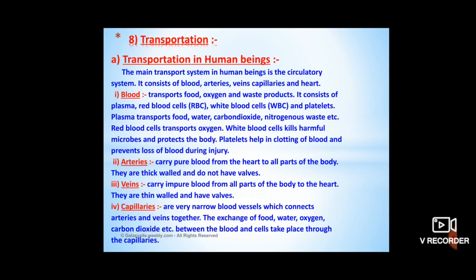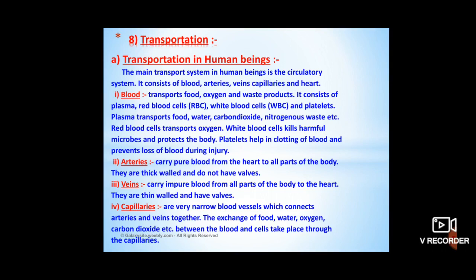Then another component of the blood, we call it WBC. What is the expansion of WBC? W refers to white, B refers to blood, C refers to cells. So totally, white blood cells or WBC. What is the role of these WBC cells?